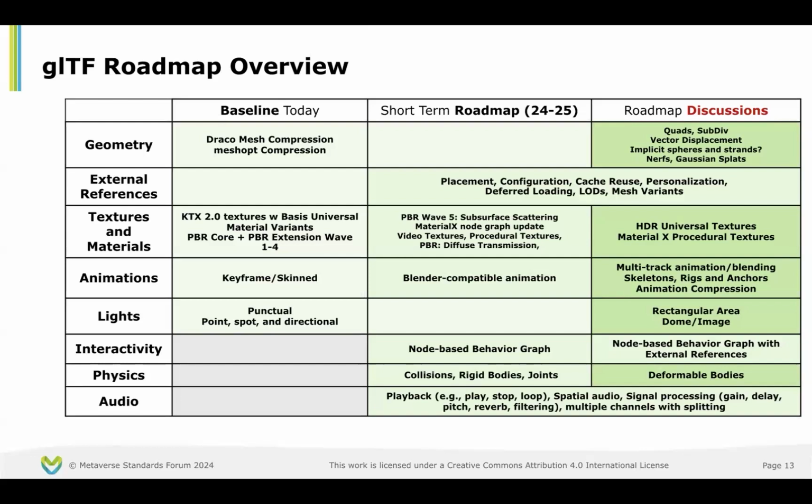But for roadmap discussions, we have several ideas that we probably want to pursue, but we are not sure if we really want to do this, or if it is too early. Gaussian splats and NeRF are examples that we are taking seriously. We're closely looking at what the industry is doing.